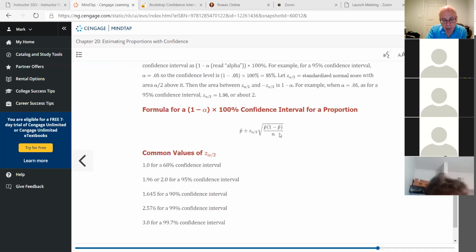Think of the fraction 1/2. If I change the denominator from 2 to 4, I now have 1/4, which is a smaller number than 1/2. So when you increase the denominator, the fraction gets smaller. So another way of making the interval smaller, less wide, or narrower, however you want to say it, is by increasing the sample size.